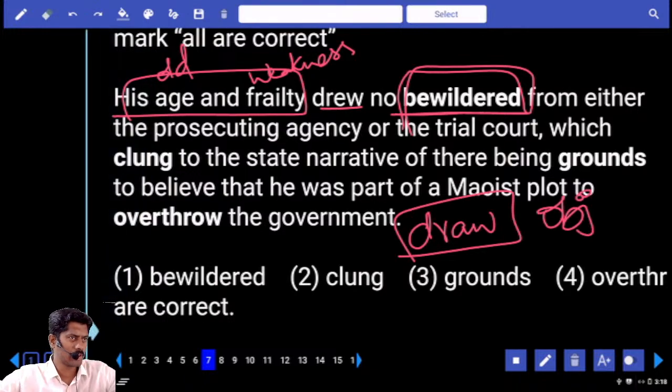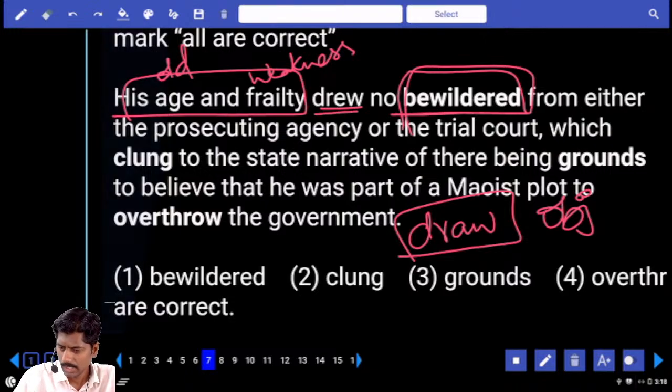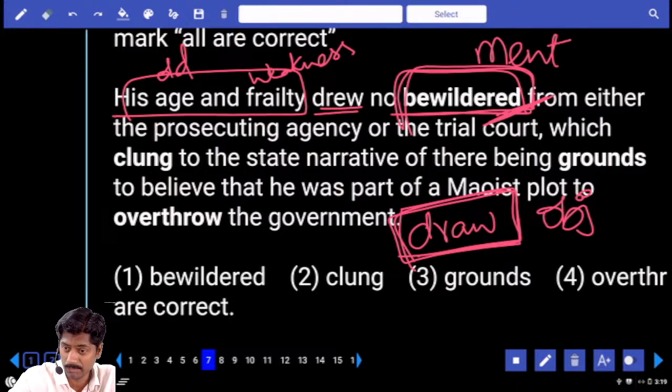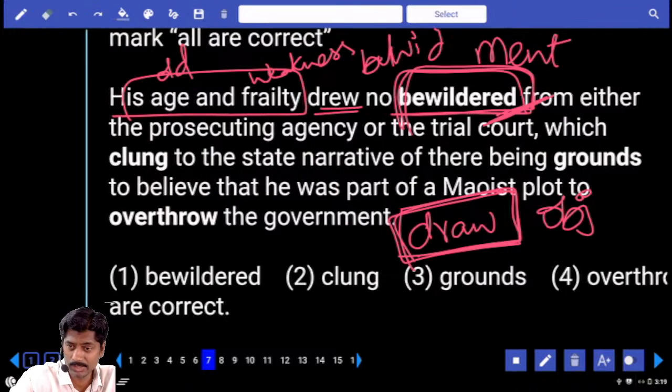If you are talking about a picture, he drew a picture, he drew a painting, he drew on the wall. But here it's like drawing attention, drawing some sort of attraction. So he drew no bewildered is wrong. I require a noun. Bewildered is a verb form, V2, V3. So I require bewilderment. Bewilderment means confusion. So bewilderment is the answer here.